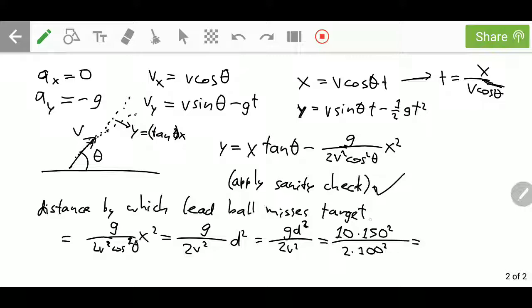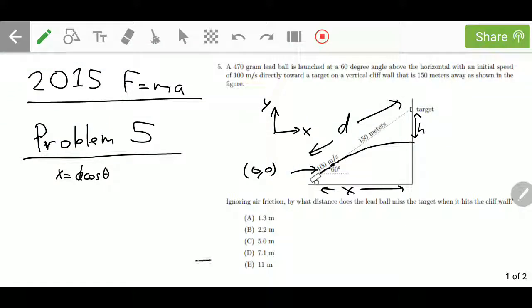And then times 10 over 2, so 10 over 2 is 5. And then times 2.25 is 11.25 meters. So we go back to our options. We see that the answer is 11 meters. And that's our answer.